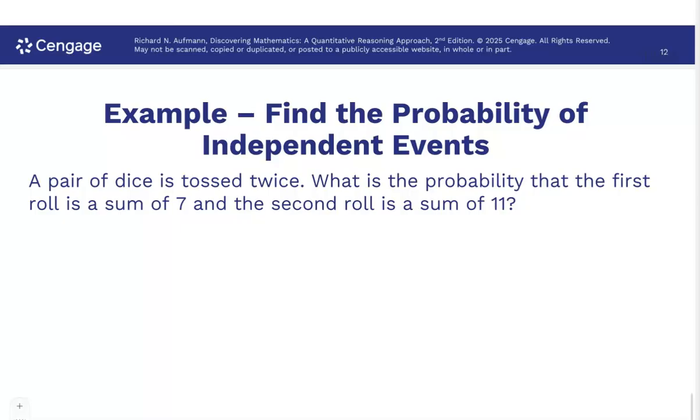What's the probability that the first is a sum of 7 and then the second roll is a sum of 11? So the probability of A and B is going to be equal to the probability of A times the probability of B, and these are independent events.